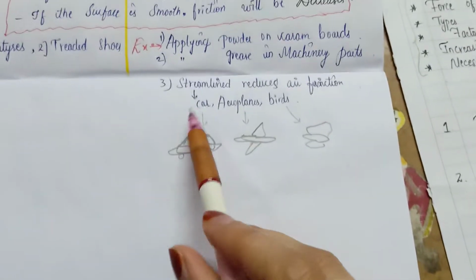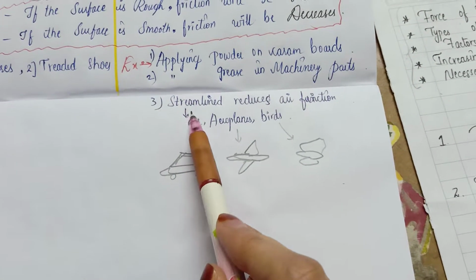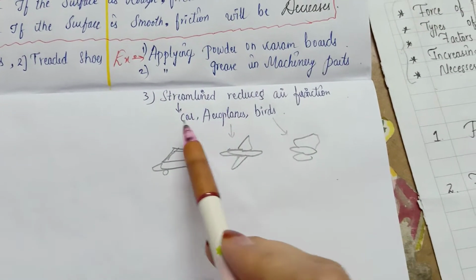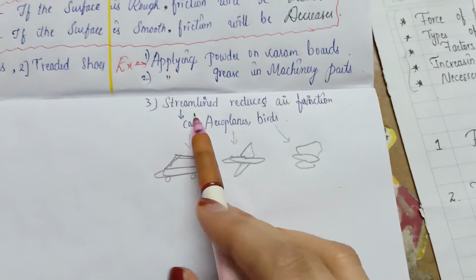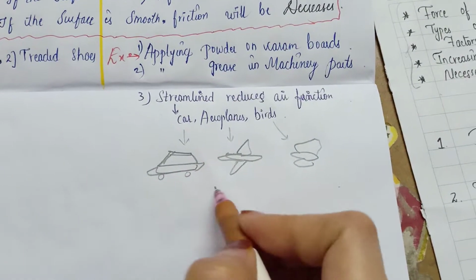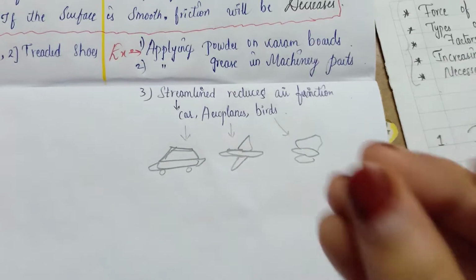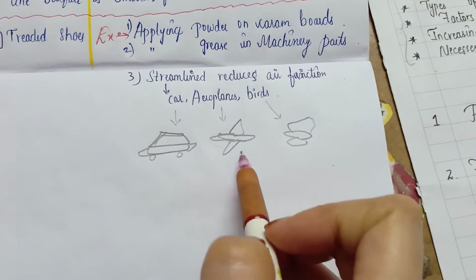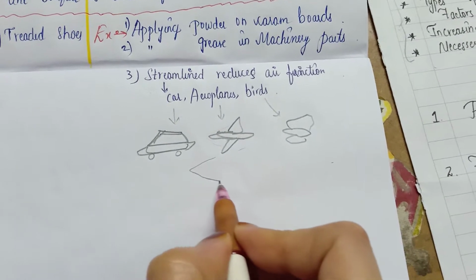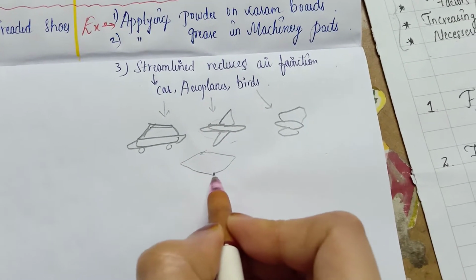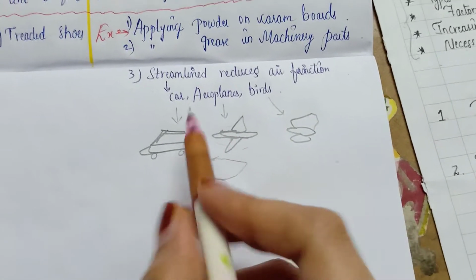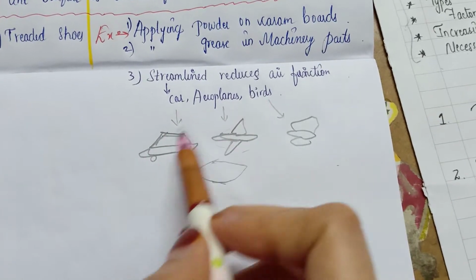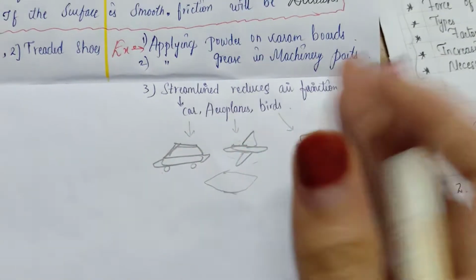Another example of reducing friction is that streamlining reduces air friction. Cars, aeroplanes and birds have a streamlined shape, as I said in fluid friction.